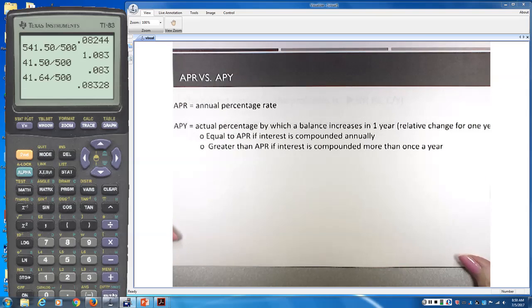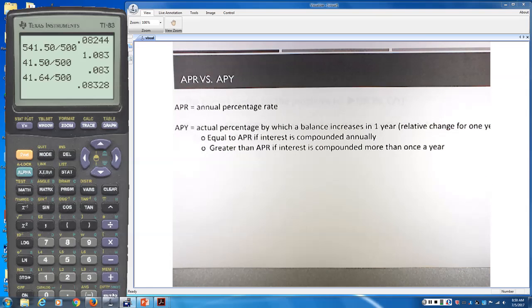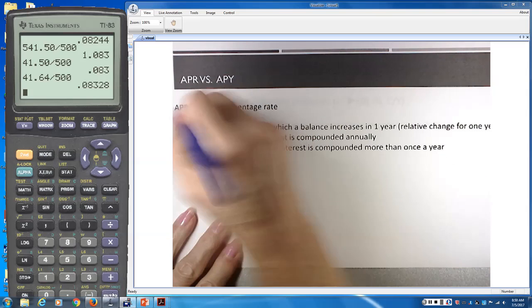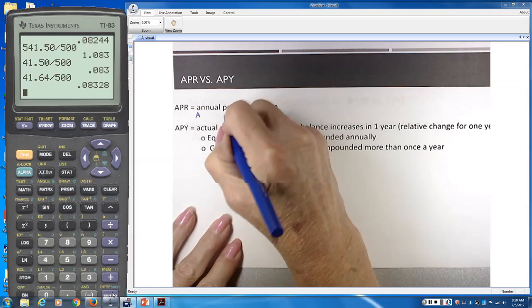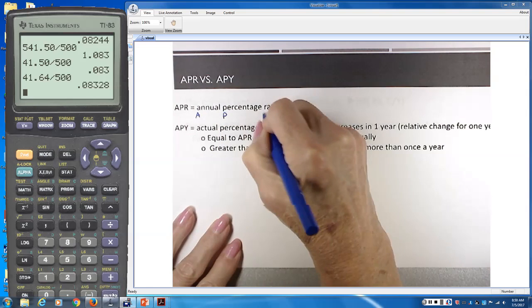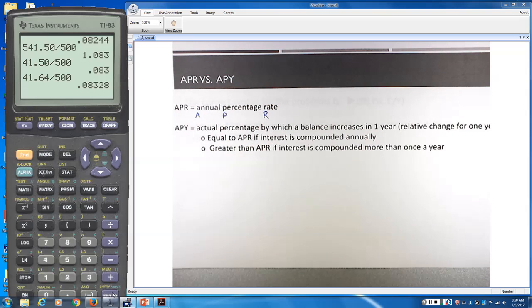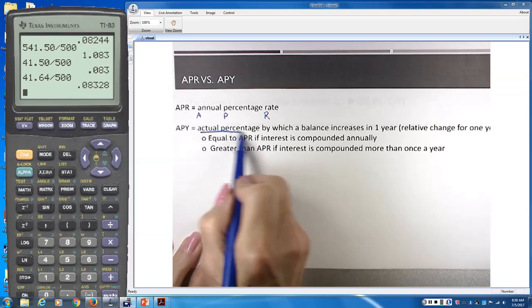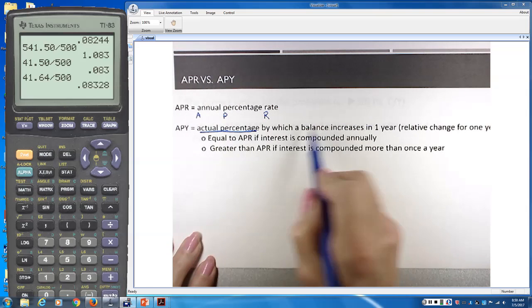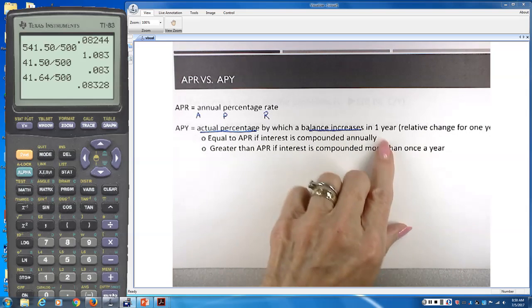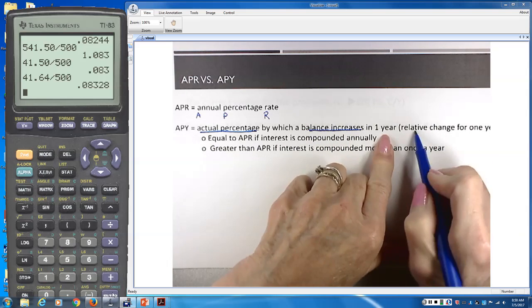The APR is the annual percentage rate. That's not necessarily exactly the same thing as what the APY is. The APY is the actual percentage by which the balance increases in a year. In other words, it's the relative change for a year.